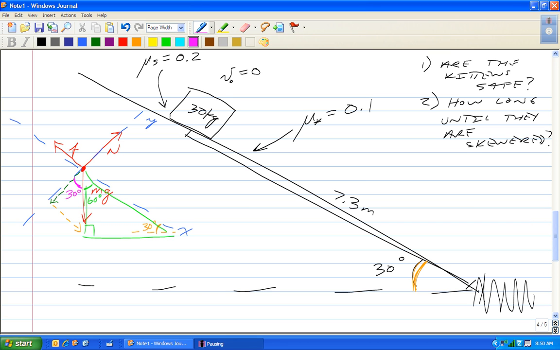Okay? So now we can go back to these green and orange components and resolve them. What is this orange component? We could, but we're not because we don't need to. You got it. mg sine 30.